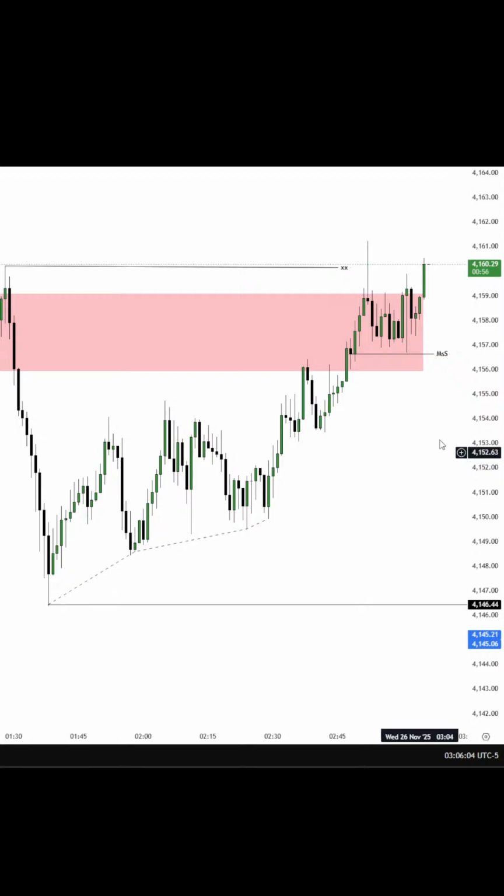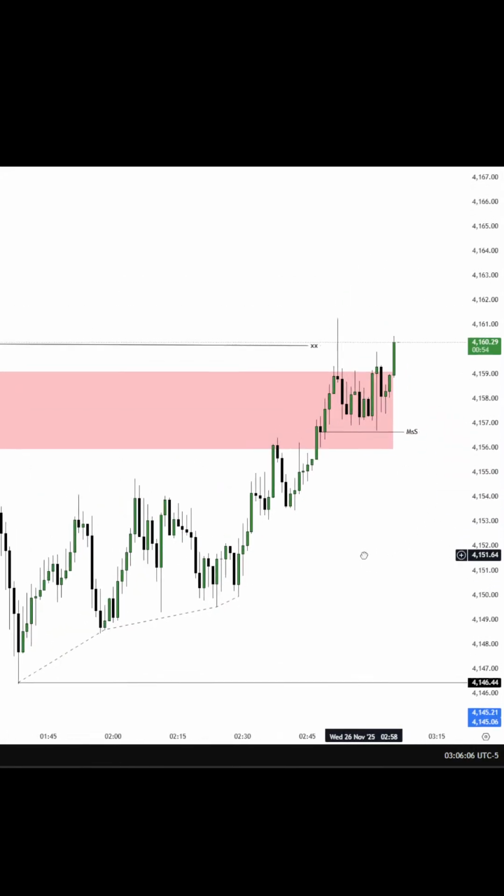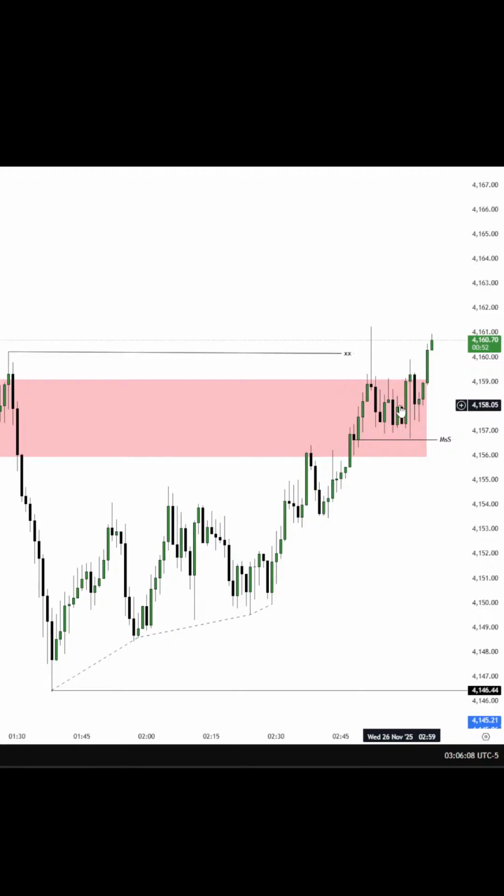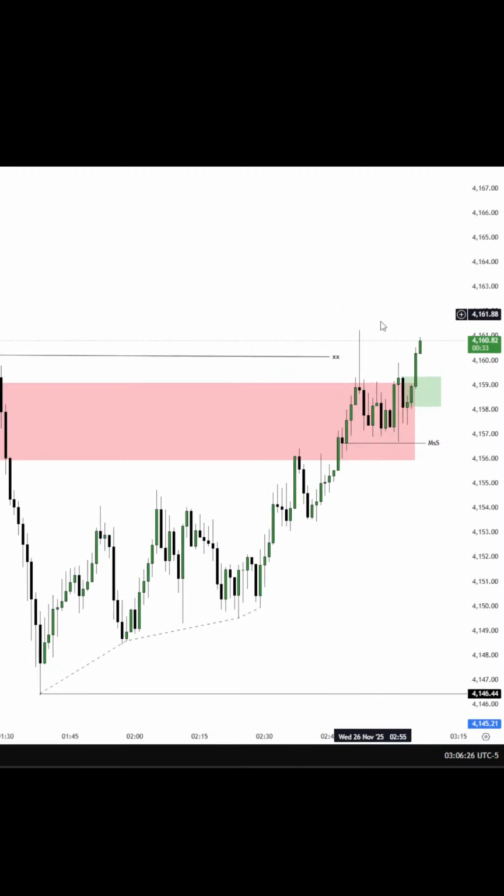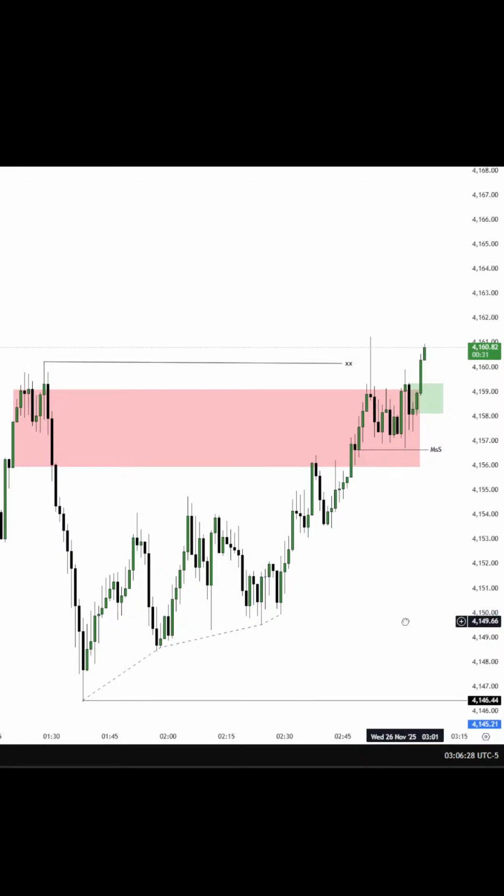Okay, so now this became order block, and now it may go up. Yeah, this is order block now. Let's see how high it can go.